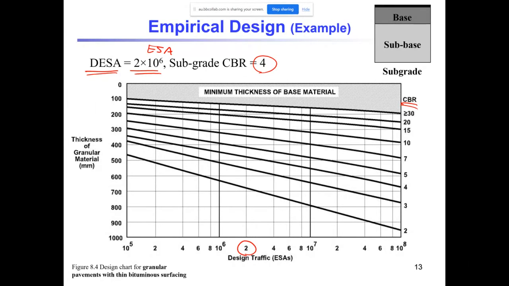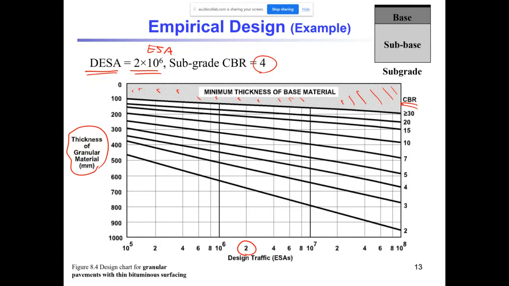The CBR value for the materials that we are going to use for subgrade, subbase, and base layer. And the vertical axis on the left-hand side will give us the thickness for each layer. There is also one shaded area that you can see here, and that will provide us with the minimum thickness for the base material.